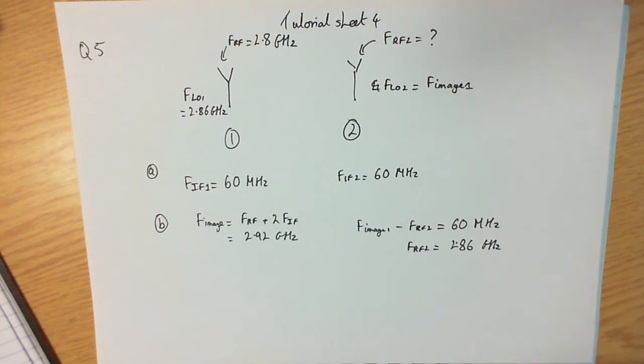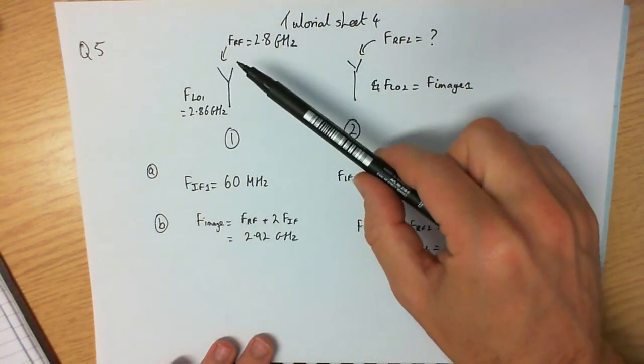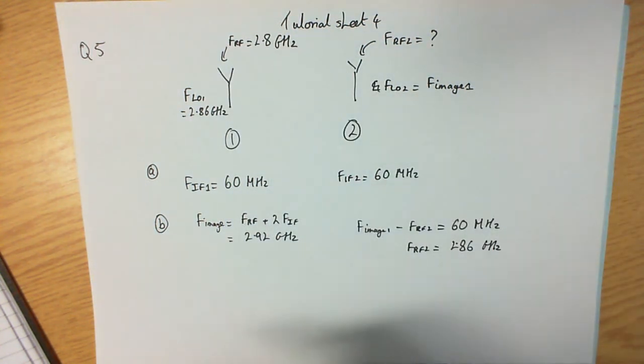Last part C says, if the receivers were to be redesigned, what should be the minimum IF to prevent interference problems in the 2.8 to 3 gigahertz radar band? So in other words, we don't have a set frequency that we're aiming at. We've got a band of frequencies which are going from 2.8 to 3 gigahertz.